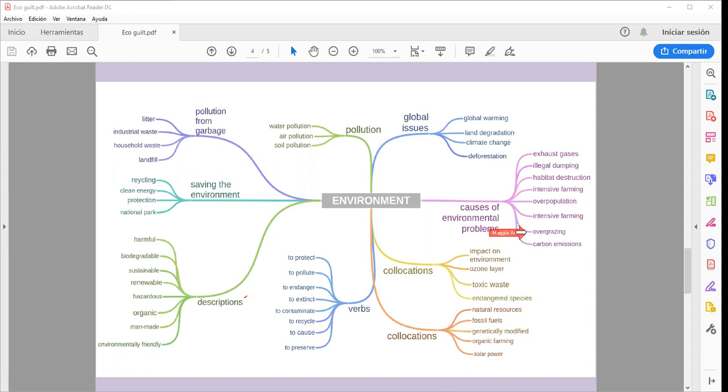Overgrazing is, for example, when in some regions there are many sheep, many cows, and the farmers take the cattle to eat grass in a specific region.